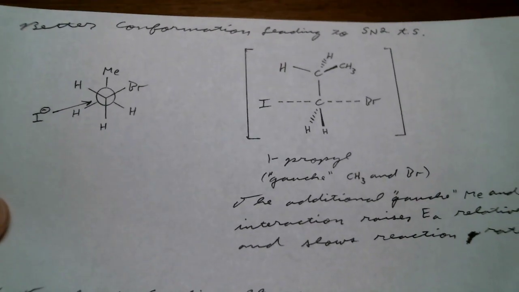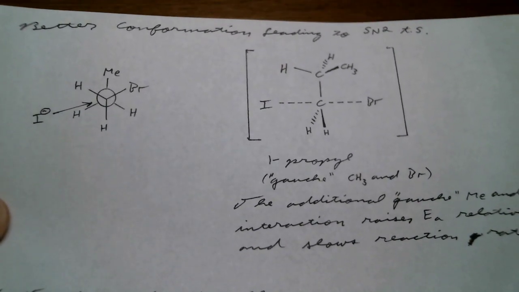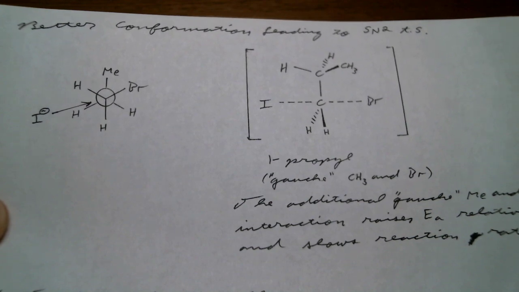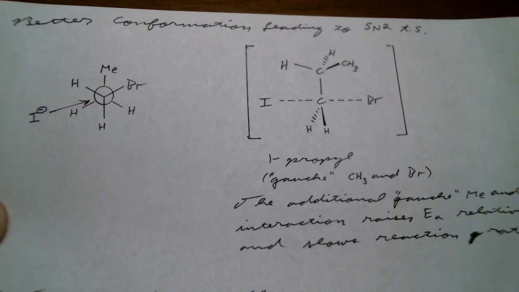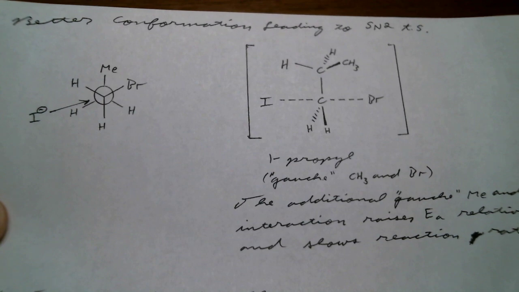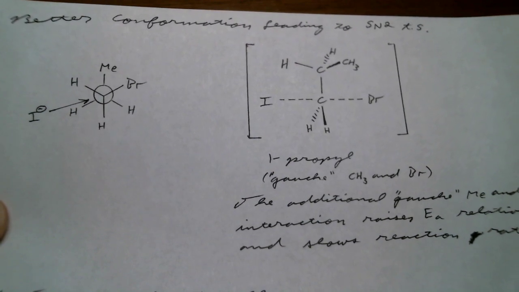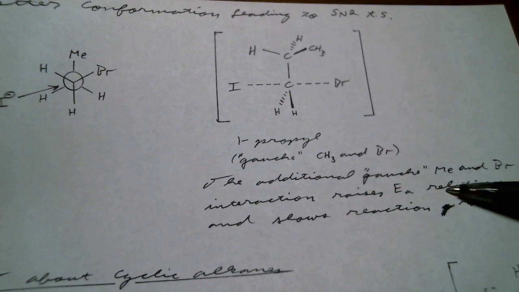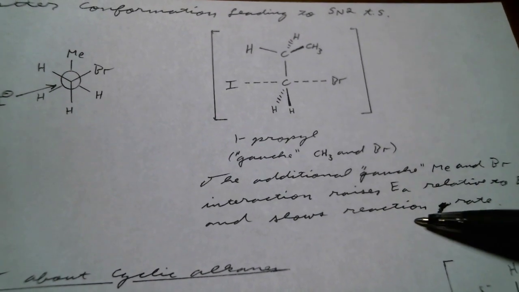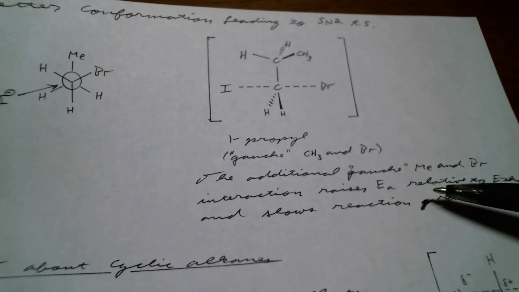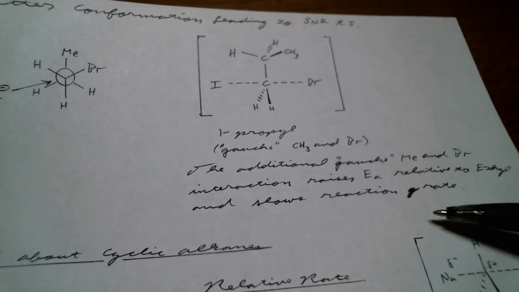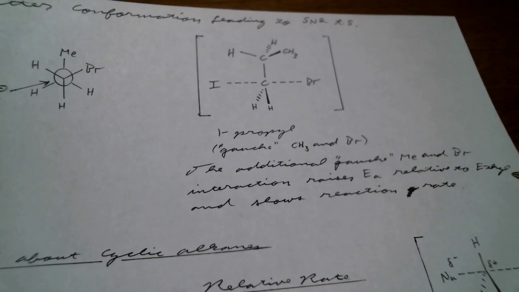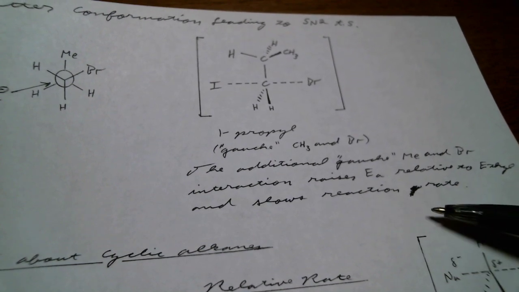That's why 1-bromopropane proceeds a little slower as an electrophile in the SN2 reaction than 1-bromoethane. So the additional gauche methyl and bromine interactions raise the activation energy relative to just ethyl, and this slows the reaction rate.